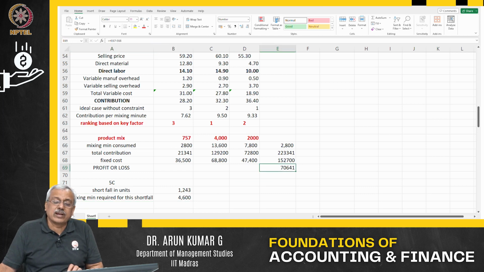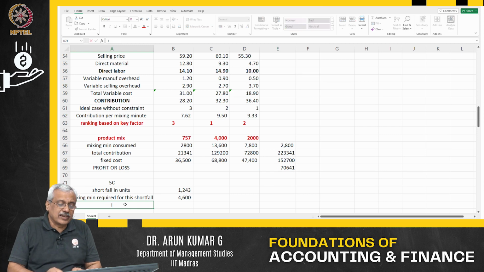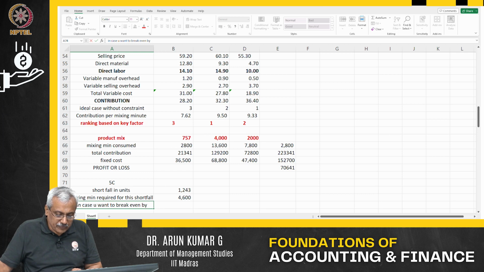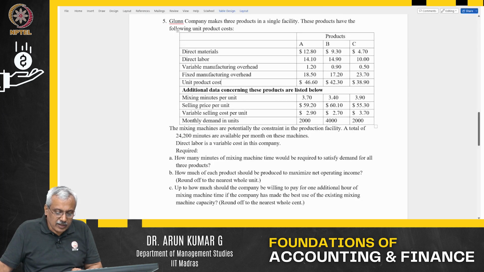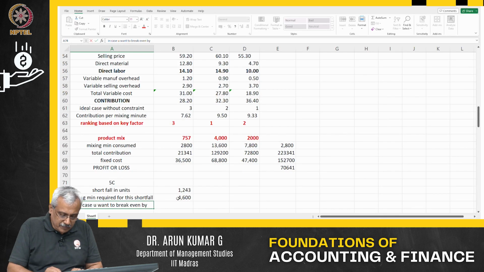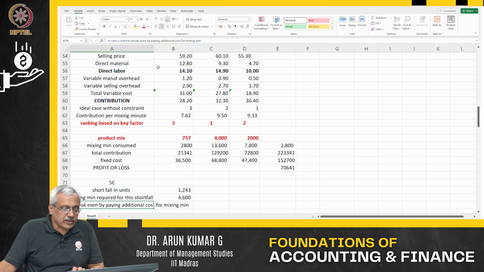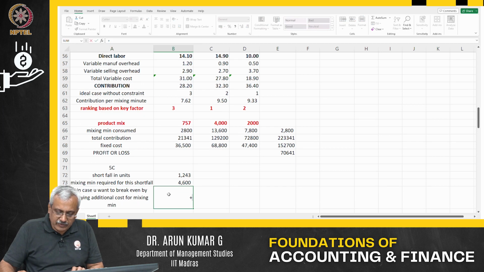Profit is 70,641. In case you want to break even by paying additional cost for mixing minutes, what is the maximum that you can pay? 70,461 is the profit I make at this stage, and this is the number of mixing minutes I require.